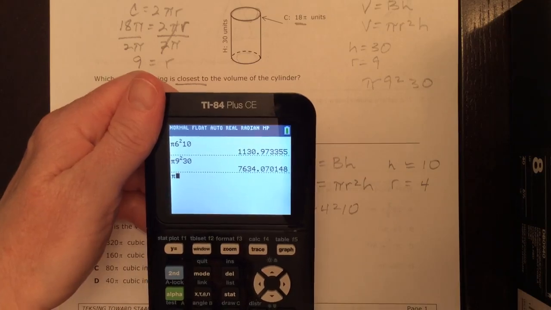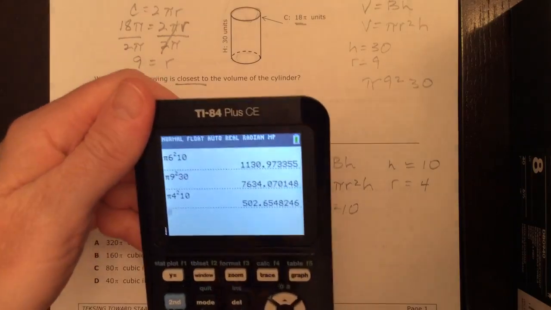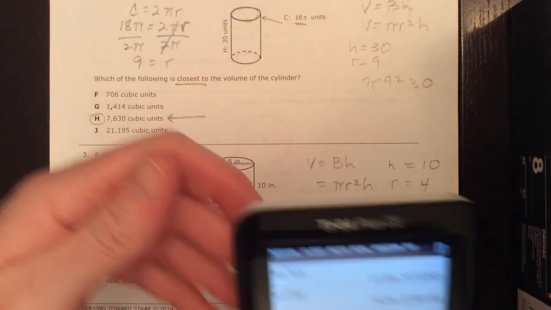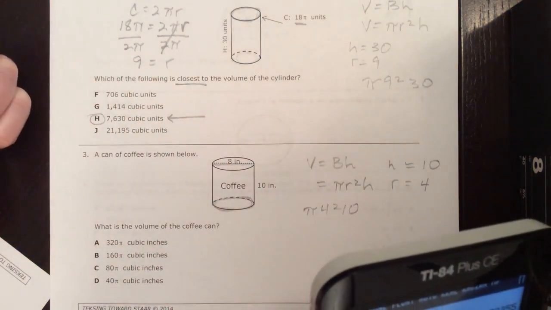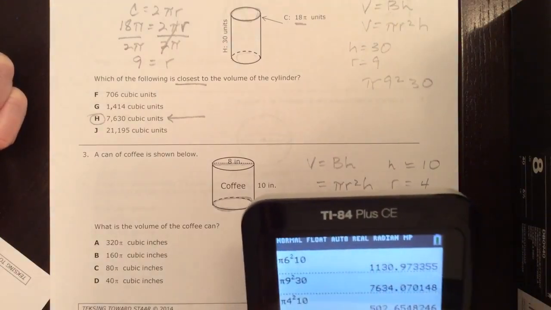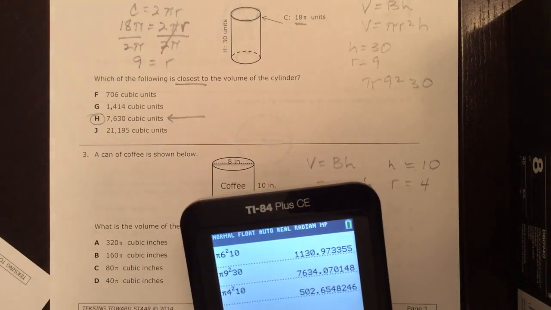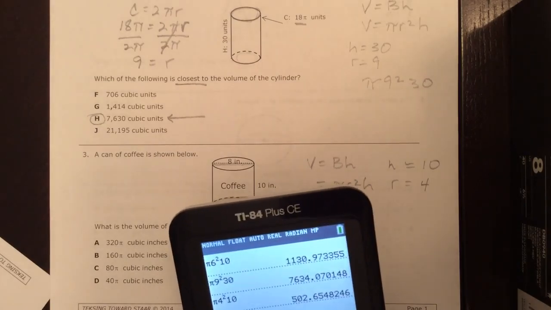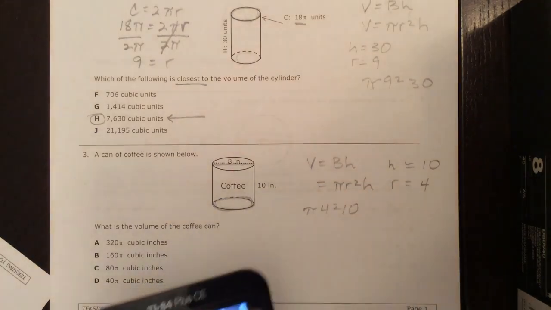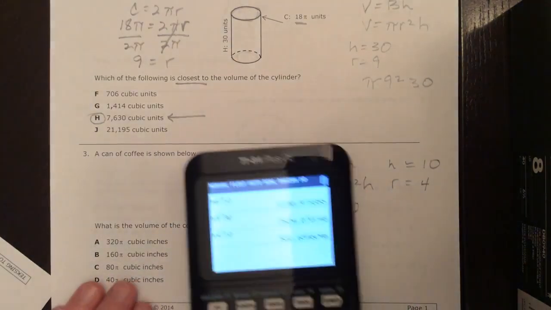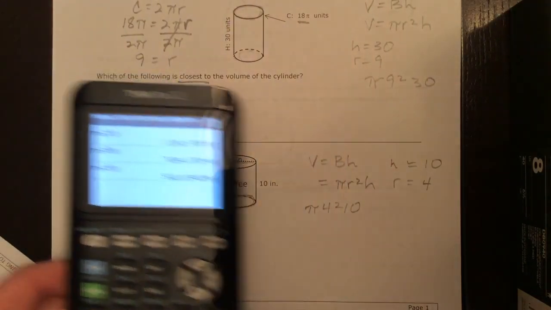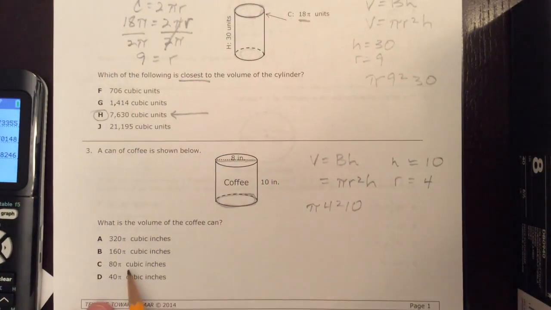Pi, 4 squared times 10. And we should get the volume of the coffee can should be, let's see, oh, I see where the problem is. This answer is showing us it has pi next to it.